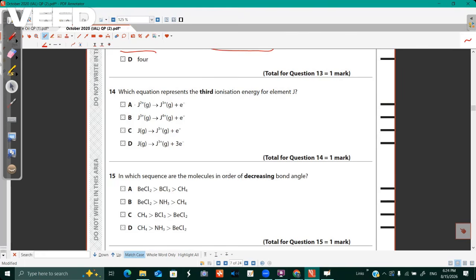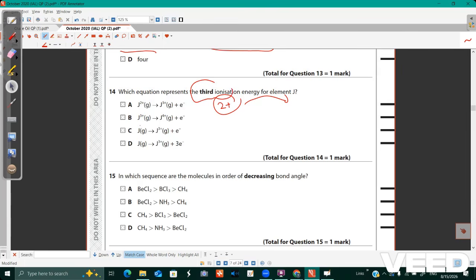Which equation represents the third ionization energy of J? Third means A is the easy one. Third means two are already ionized. Third must happen from what? Two plus, third sequence, right? You can't remove electrons at once, one over the other. Successive ionization energies. So it is the third successive ionization energy.